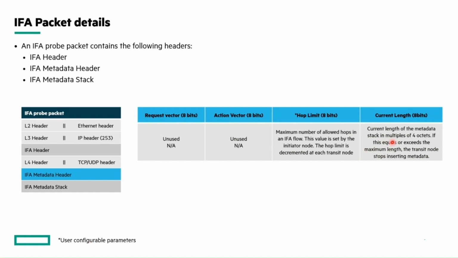Finally, the current length of the metadata stack in multiples of 4 octets. So what we have seen in the header is the max length, and here it will keep on updating the current length. So if this equals or exceeds the maximum length, the transit node will stop inserting its metadata.